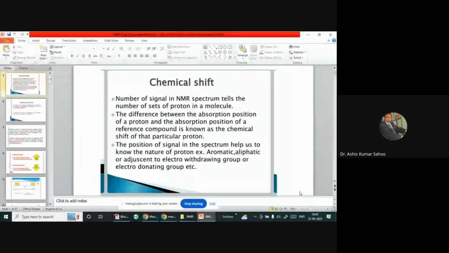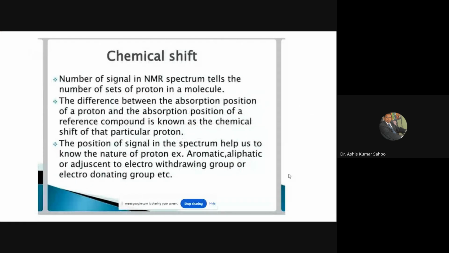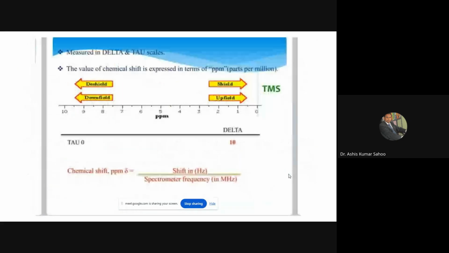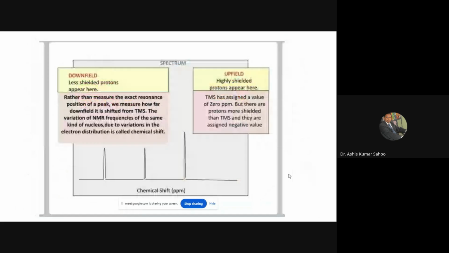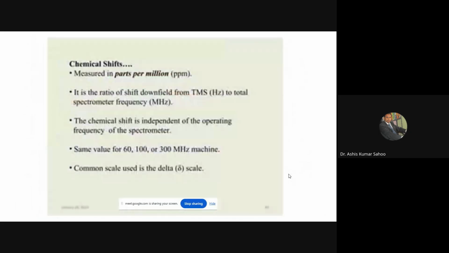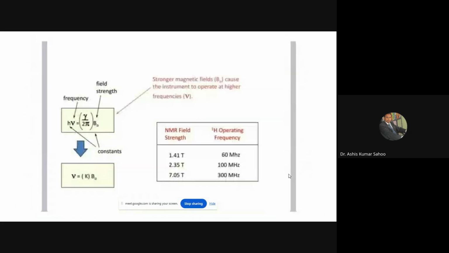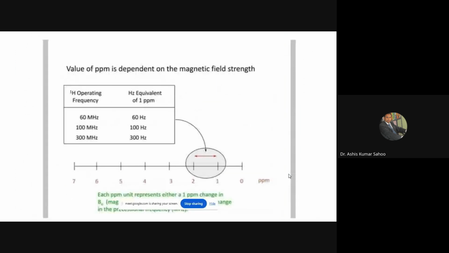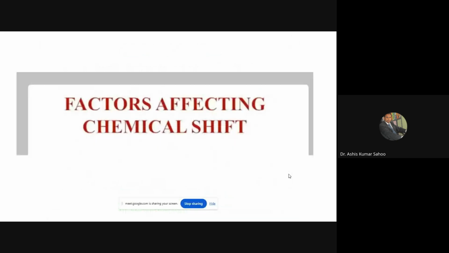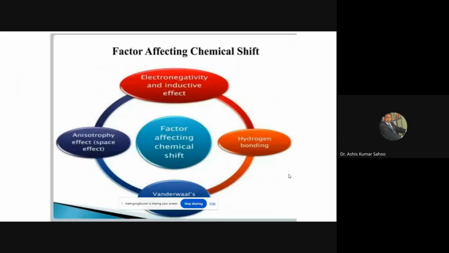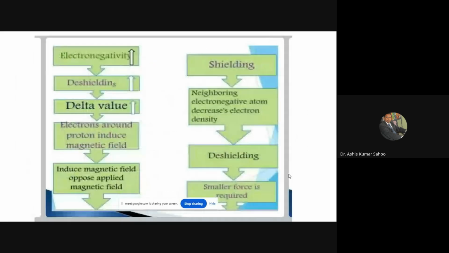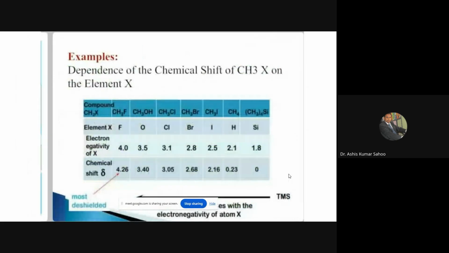Now see the concept of chemical shift. This is already covered in your classes.